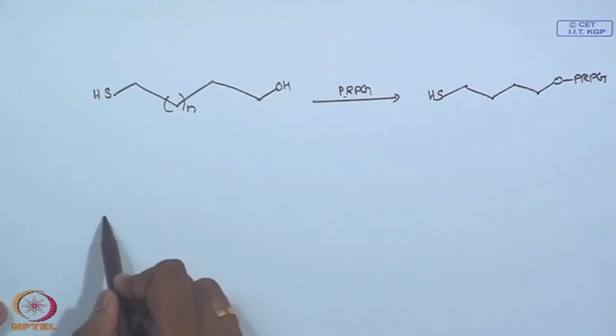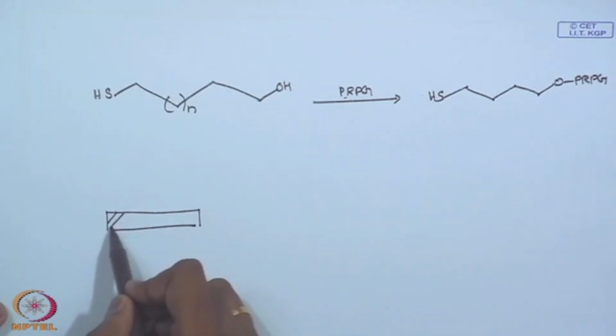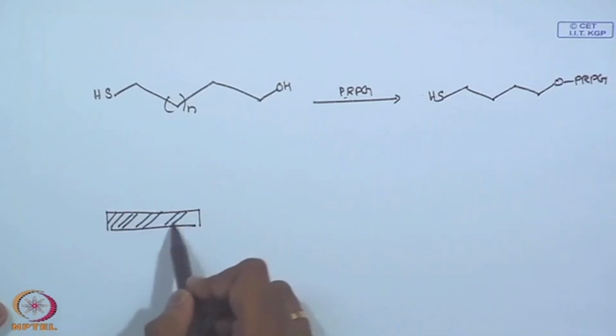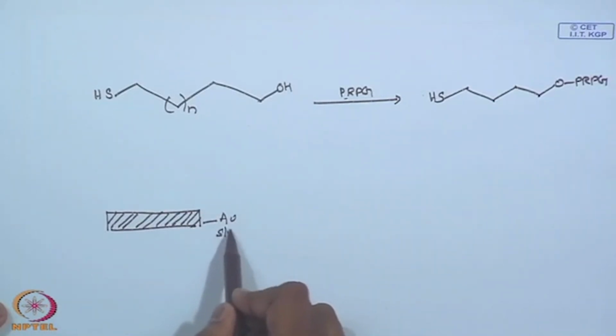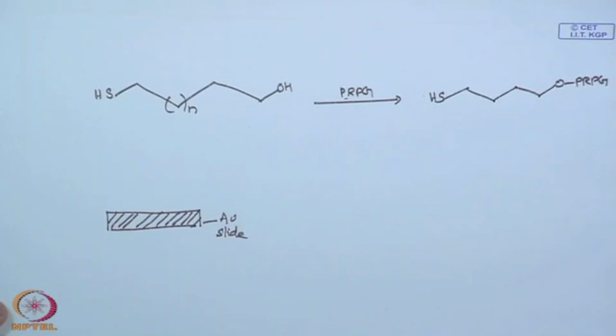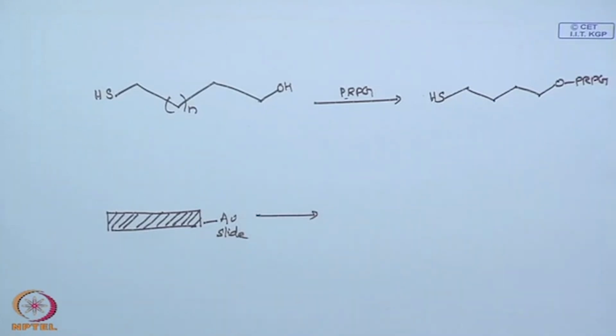Now, you take your gold slide. Now dip this gold slide into your thiol. You know that once you dip the gold slide into the thiol, thiol has a great affinity towards gold. What does it form? You have studied that.